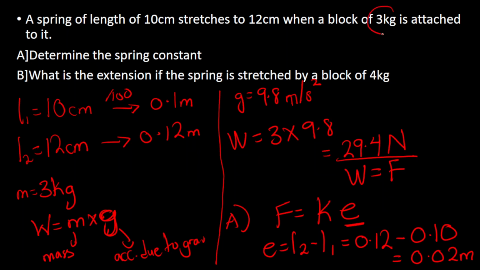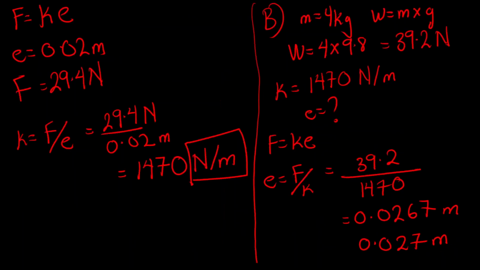When it was 3 kilograms, our extension was just 0.02. Now that it's 4 kilograms, our extension is 0.0267. Okay, so I'll just use this, it will be more accurate, 0.0267, maybe 3 significant figures, and that's it.